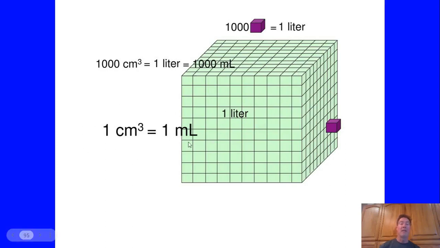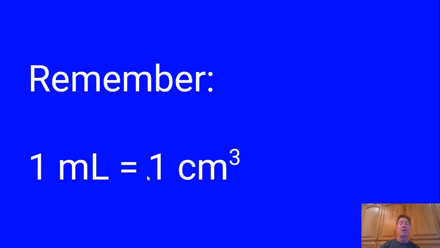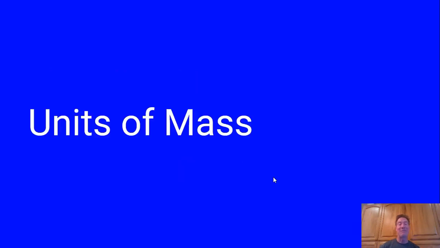Don't forget. So 1,000 cubic centimeters equals 1,000 milliliters, because one equals one here. And therefore 1,000 cubic centimeters equals a liter, just as 1,000 milliliters equals a liter. Have I said it enough? You've got to remember that equivalency.